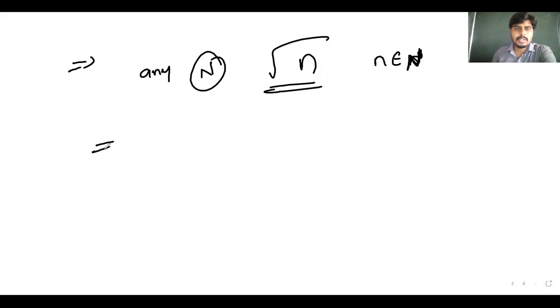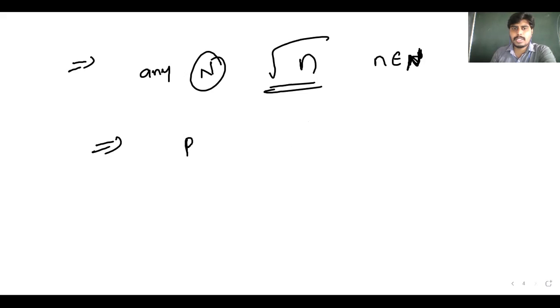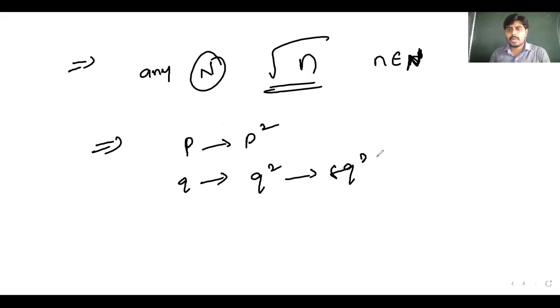And as well, suppose p is a rational number and q is a rational number, then p plus q is also a rational number, isn't it? Once again I will repeat. p is a rational number, and p square is also a rational number. q is a rational number, q square is also rational, and 8q square is also a rational number.